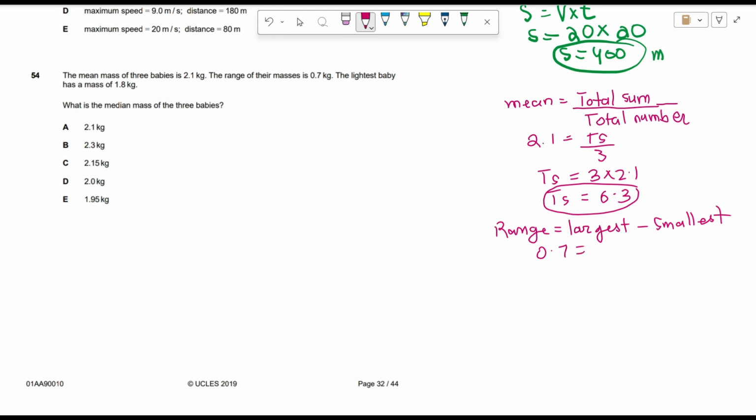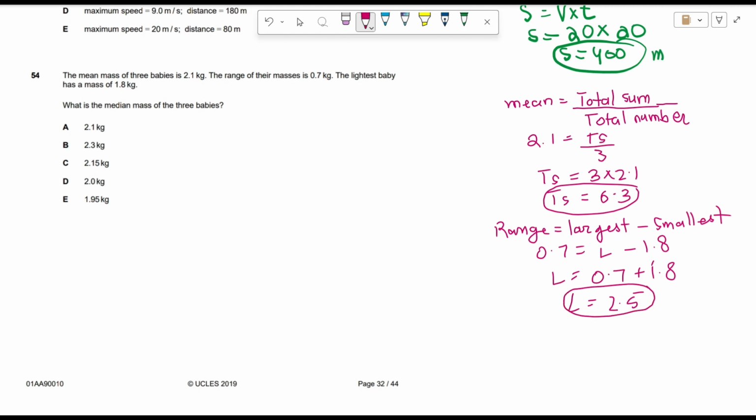Largest value, of course, we don't know, minus smallest, the lightest baby, which is 1.8 kg. So largest is equal to 0.7 plus 1.8, because when the negative goes to the other side it will be plus, right? So L is equal to 2.5. So 2.5 kg is the mass of the largest baby.